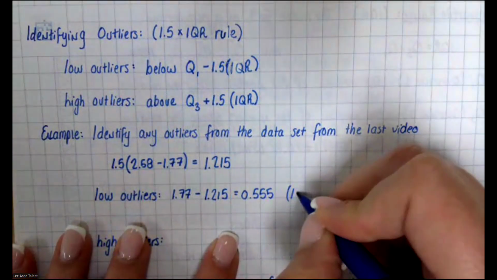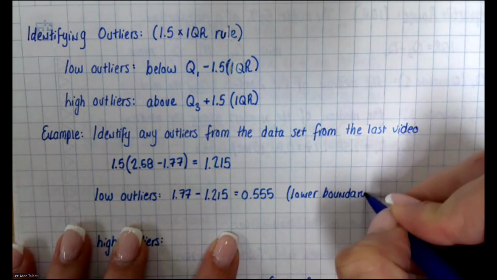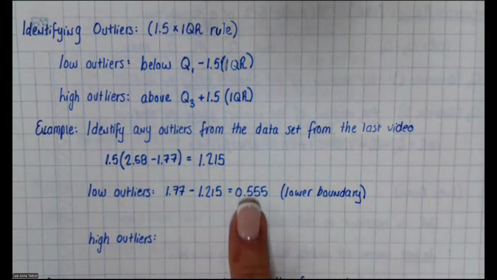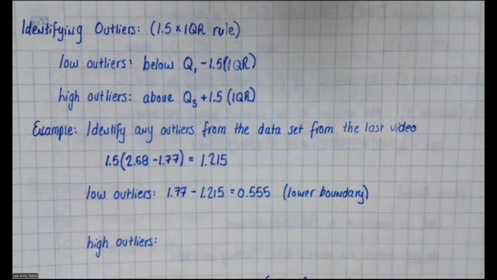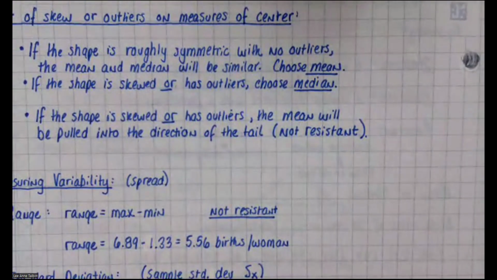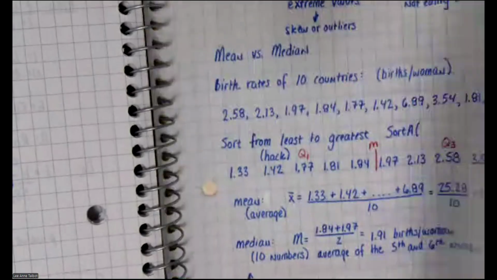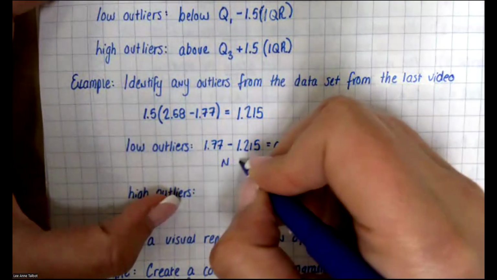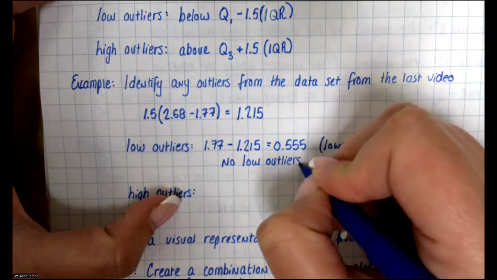And this is your lower boundary. Okay. Were any numbers in our data set below 0.555? Let's go look. Nope. Our min was 1.33. So that means there are no low outliers.